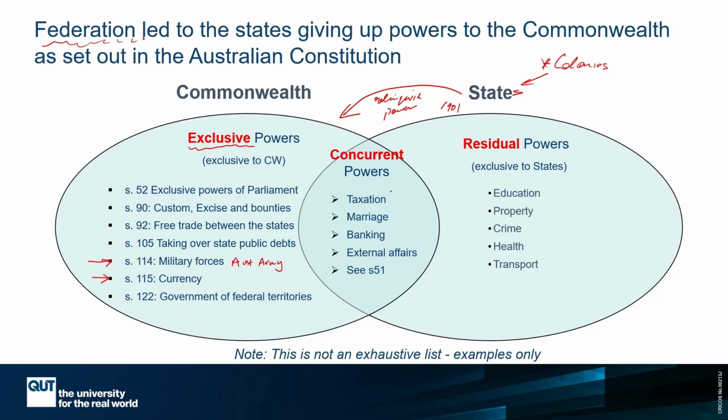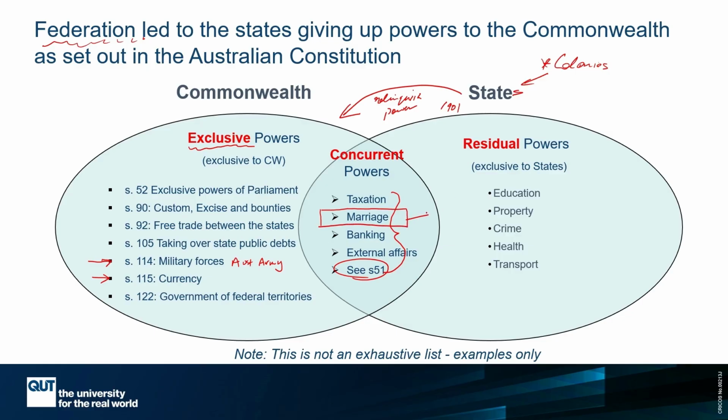Then there are a series of areas, particularly we can have a look at Section 51 if you're interested, where the Commonwealth was given the power to make laws, but the state retained the power to make laws around those things too. So a relatively recent one where we can see that in play is marriage.